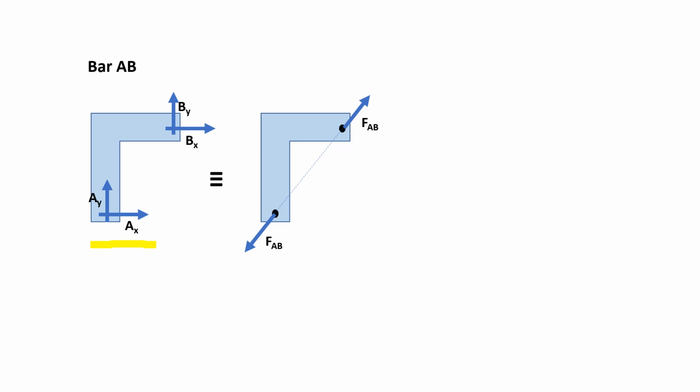So instead of having 4 unknowns, By, Bx, Ay, and Ax, we will now have just one unknown, Fab.